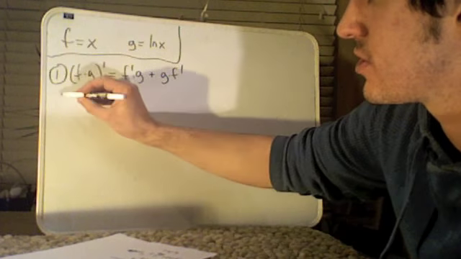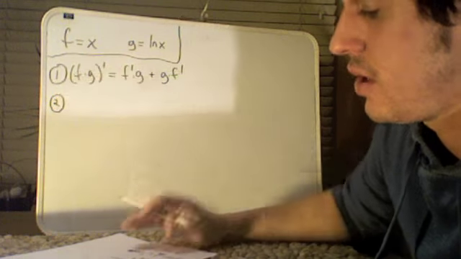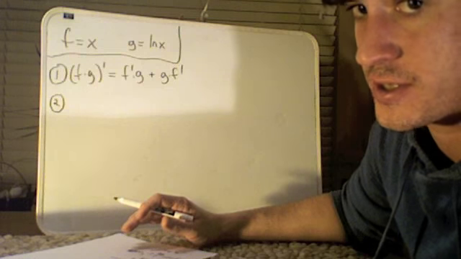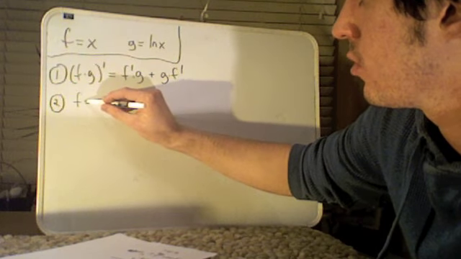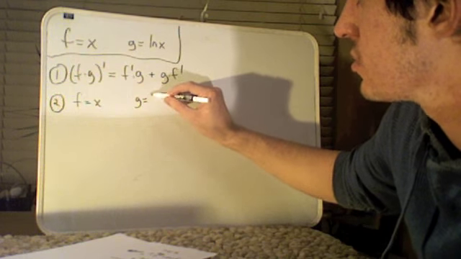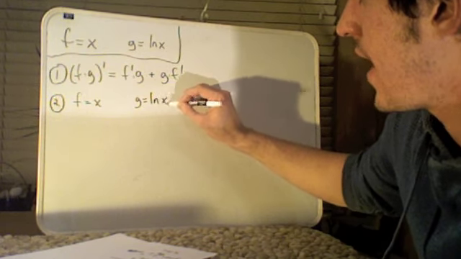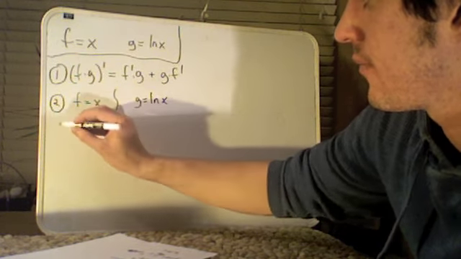I can't stress enough, just do it. You'll memorize it that way. Step 2. Step 2 was to write your functions. F equals x. G equals ln x. Put my squiggly line in here again.